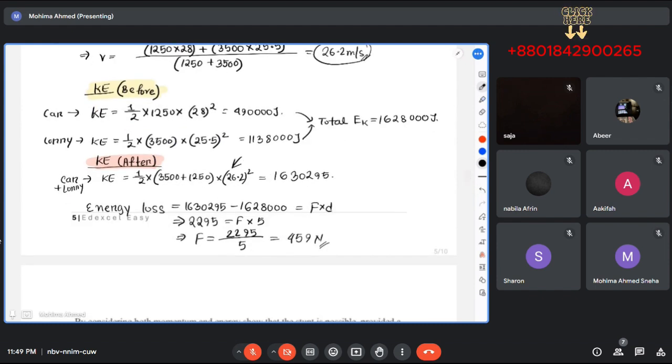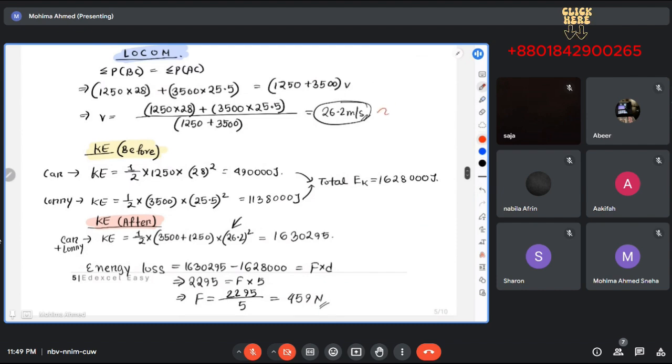1250 multiplied with 28 plus 3500 multiplied with 25.5, divided by 1250 plus 3500. You're supposed to get 497 by 19. Okay, I'll just use that 497 by 19.